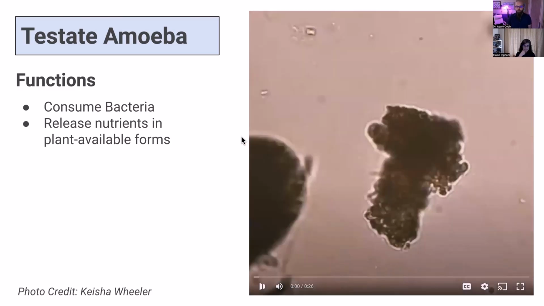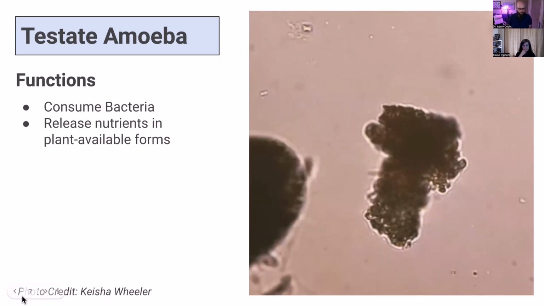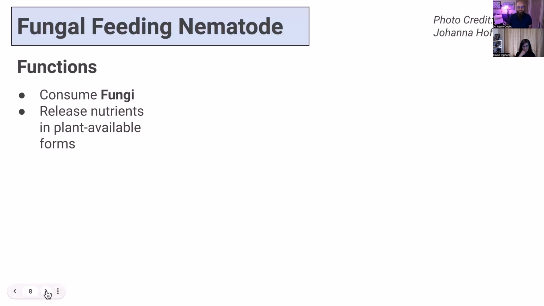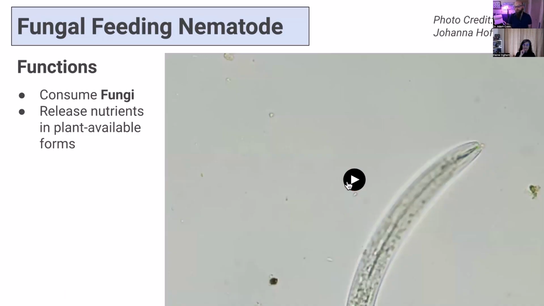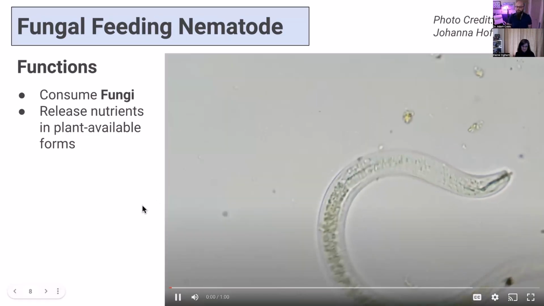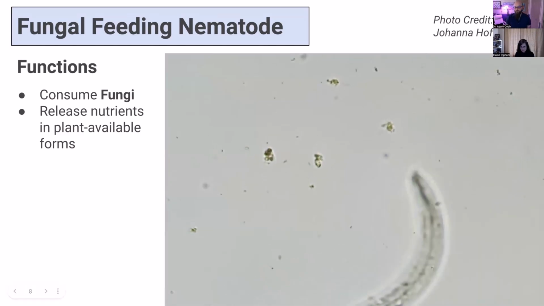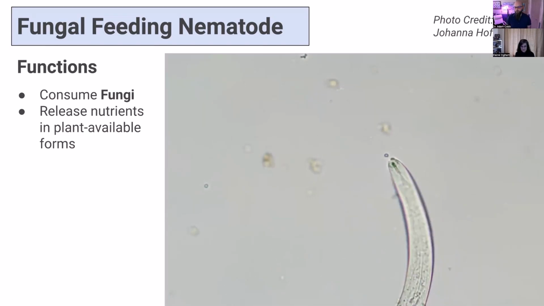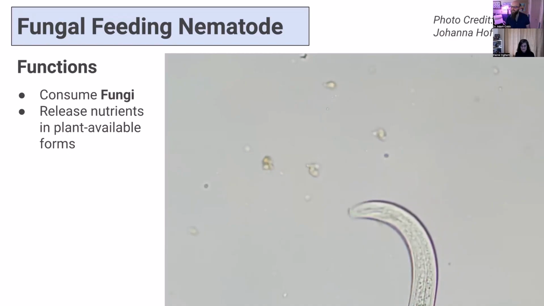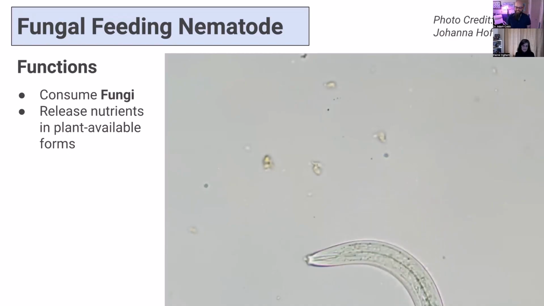Absolutely. Well, I think we have another example here, if I can move forward on the slide, to a fungal feeding nematode that's doing the same thing, releasing nutrients, but from fungi rather than bacteria. It's looking for some fungi, which I don't think we're going to see it find in this particular field of view. But you can see it searching.